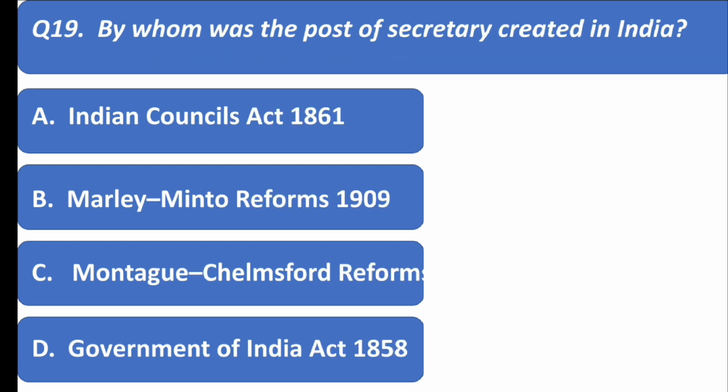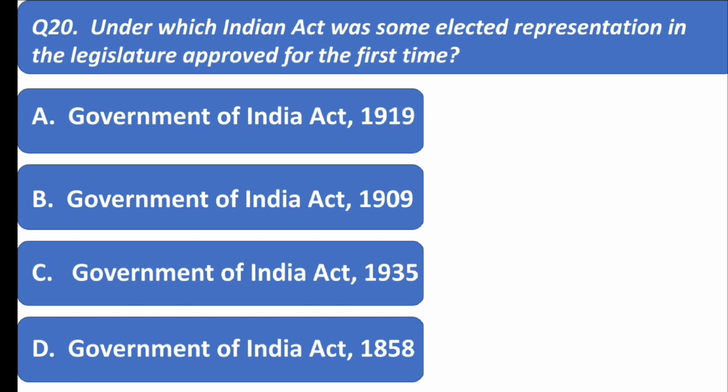By whom was the post of secretary created in India? Answer is option D. Government of India Act 1858. Under which Indian Act was some elected representation in the legislature approved for the first time?